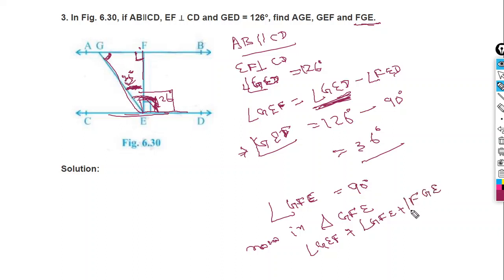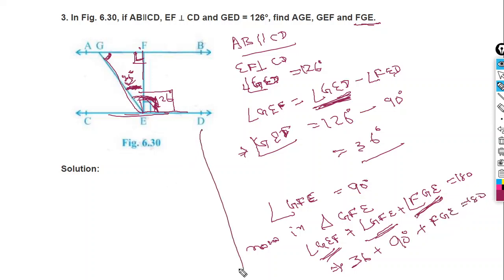FGE is equal to 180 degrees. Implies, angle GEF is 36 degrees, so write 36 here, plus GFE is 90 degrees, so 90, plus FGE, which we don't know, equals 180 degrees.